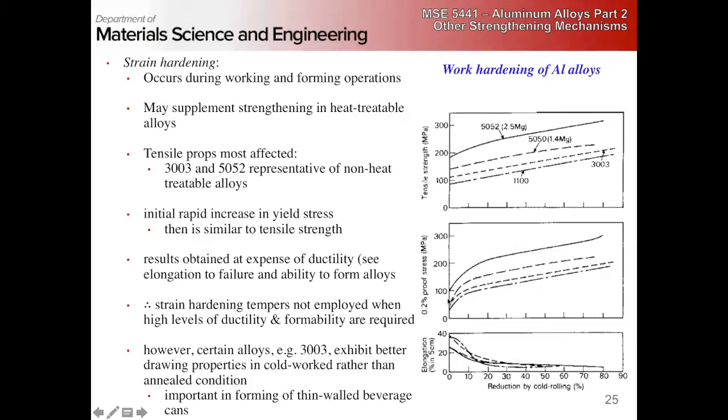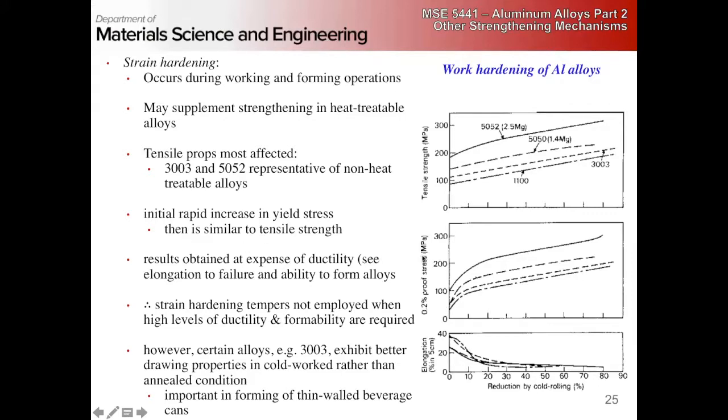All we're doing is essentially shifting the initial yield strength up before cold working. But during forming and working, we can get fairly large strains in. So we can supplement the strengthening of precipitation strengthened alloys through cold working.